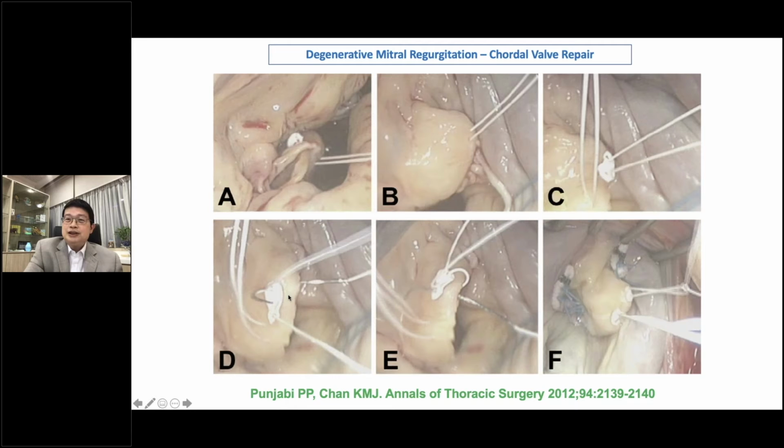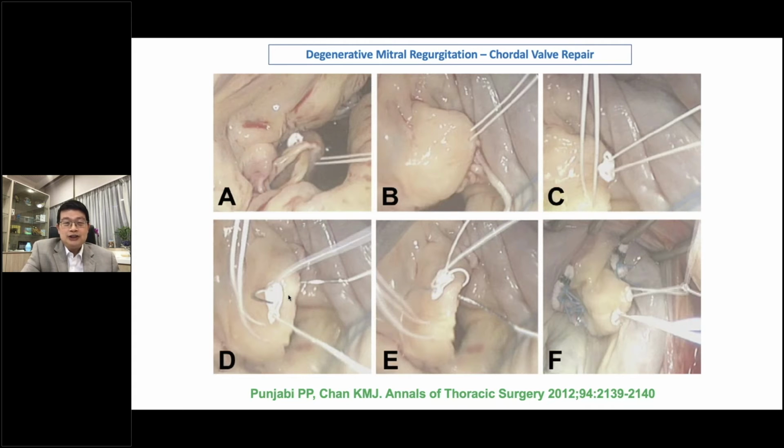So in this particular patient, in the case of degenerative mitral regurgitation, where the primary pathology is a mechanical problem, the best treatment is to repair the valve, to fix the mechanical problem, and to prevent the pathophysiological processes from occurring.